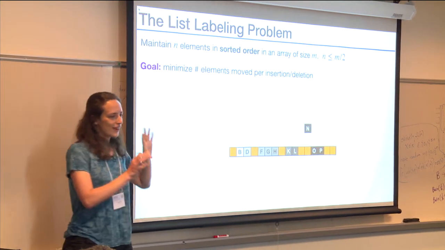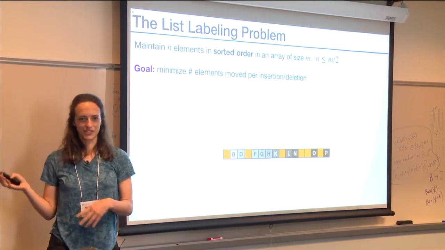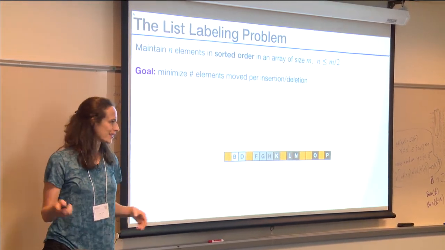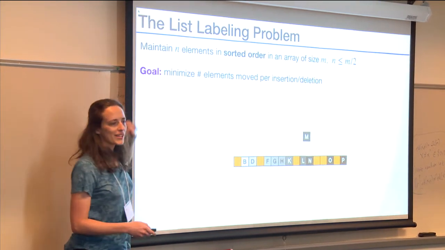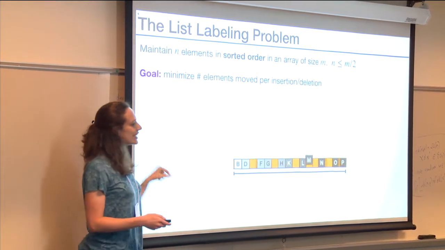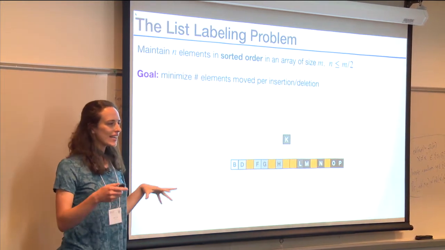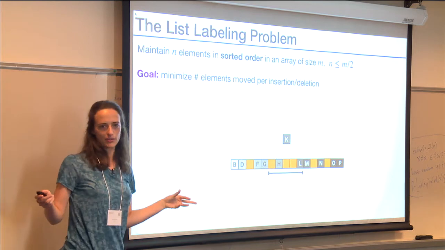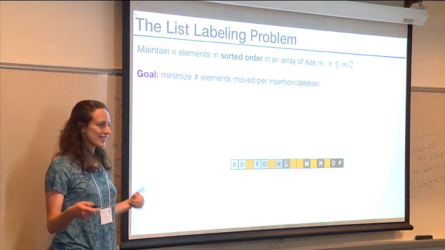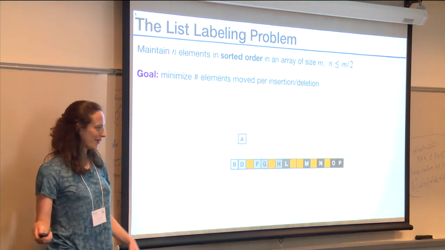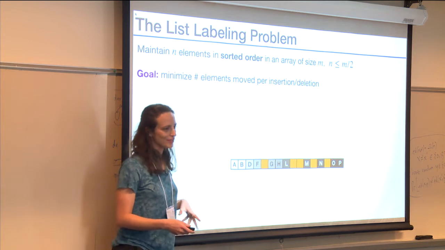Okay. So first what I'm going to do is just define the online list labeling problem, then I'll go over the results for that problem, and later we'll come back to history independence. So what is the online list labeling problem? Our goal is to maintain n elements in sorted order in an array, where the array is of size linear in the number of elements. And what's happening here is this is dynamic, so an adversary is coming in and inserting elements and deleting some elements.